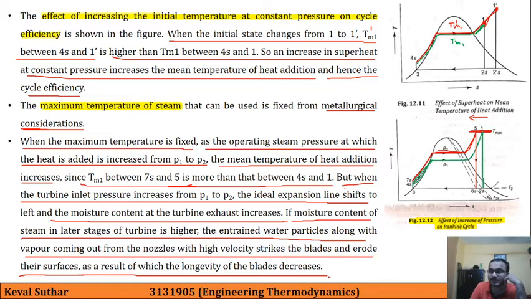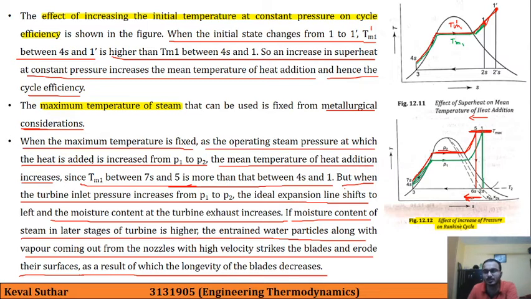So what they are trying to say here is, if we go more to the left-hand side, because of the moisture content which is present, this moisture will have negative effects on the blade material, because it will erode the material of the blade.